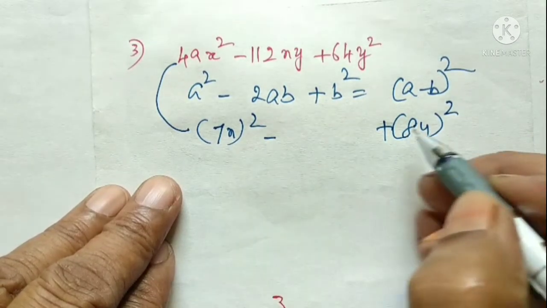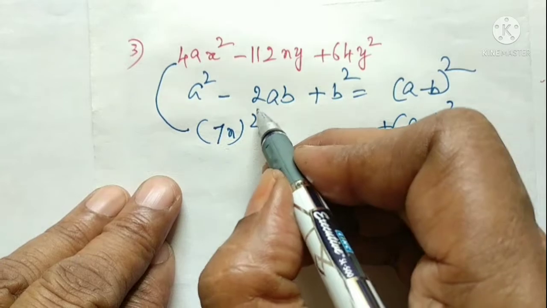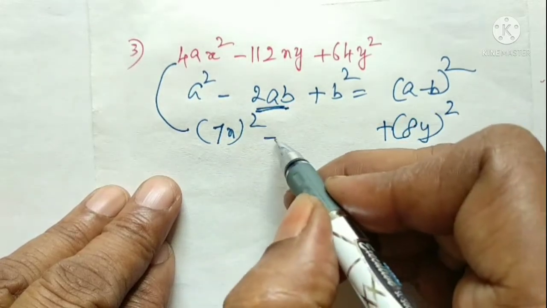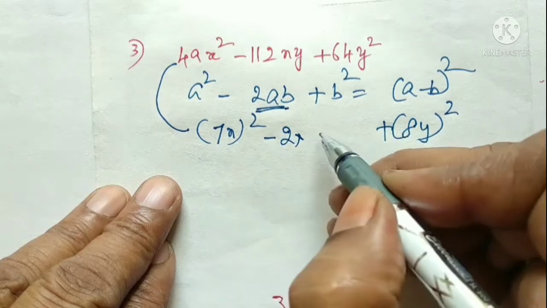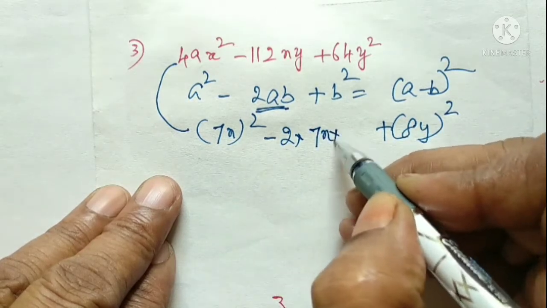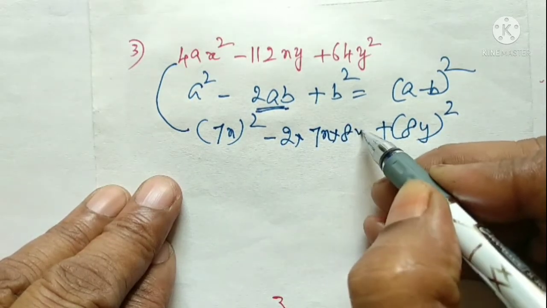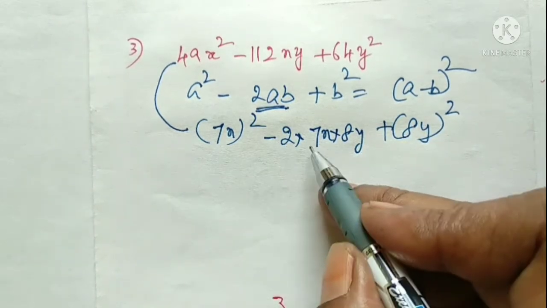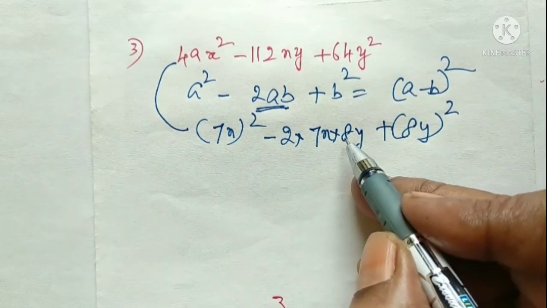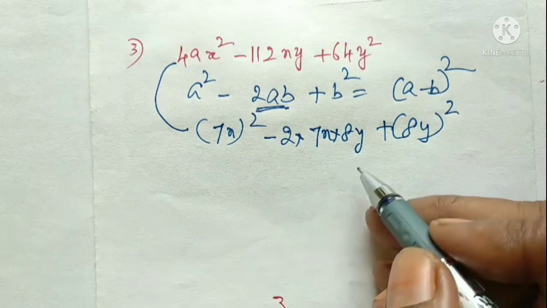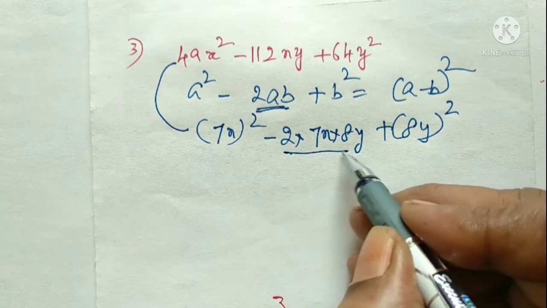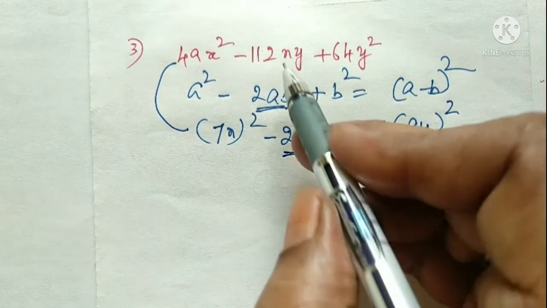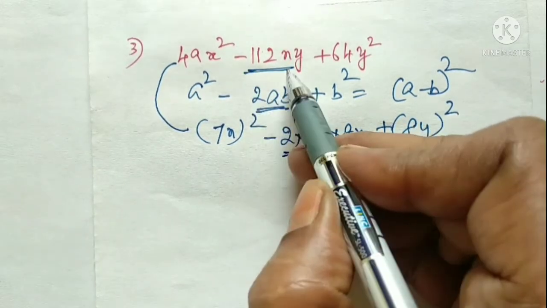This is 7x, this is 8y. So we have to get this minus 2 into a means 7x, multiplied by b means 8y. So if you see 2 sevens are 14, 14 eights are 112. So this term should tally with this.